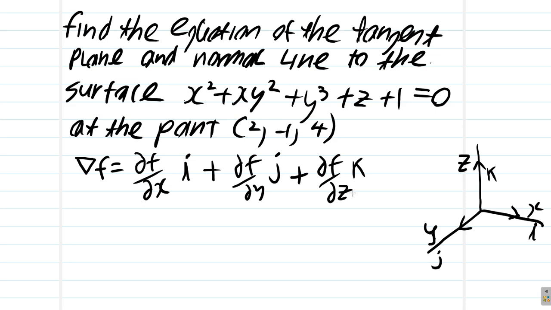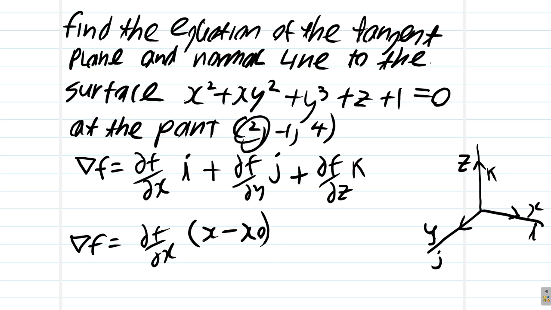Now, we can therefore say the gradient vector of f is equal to the partial of f with respect to x times x minus x naught, where x naught is going to be 2 from this point, alright?